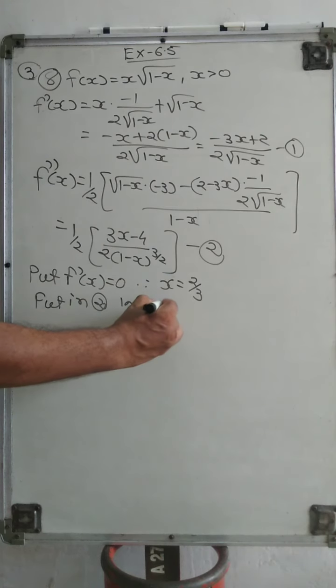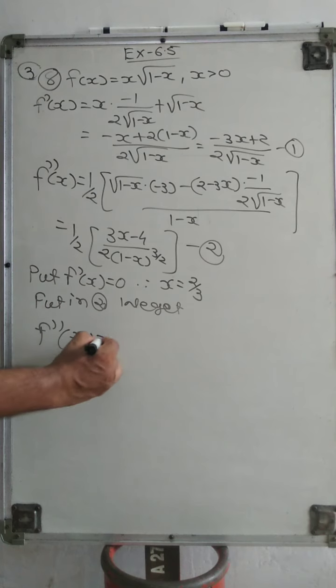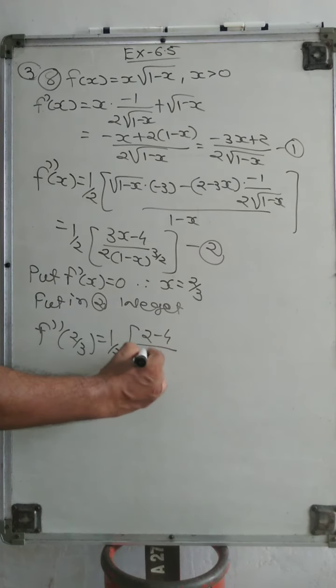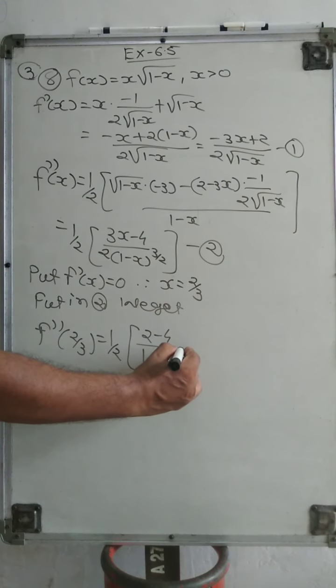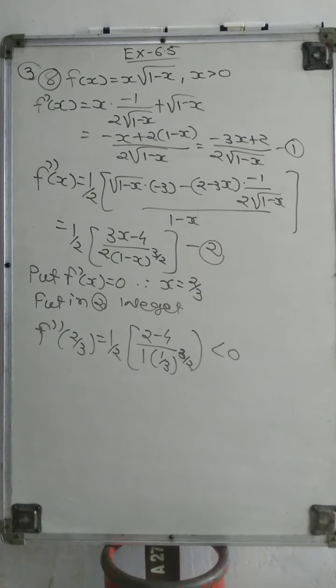We get f double dash 2 by 3. It is 1 by 2 into (2 minus 4) upon (1 minus 1 by 3) raised to 3 by 2. This is negative. Okay, ultimate answer is negative. So therefore the ultimate answer is negative.